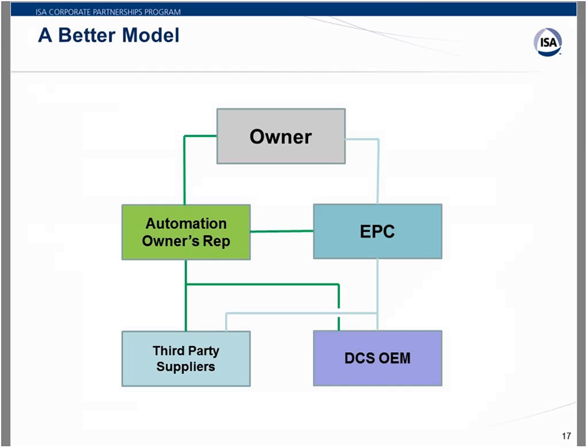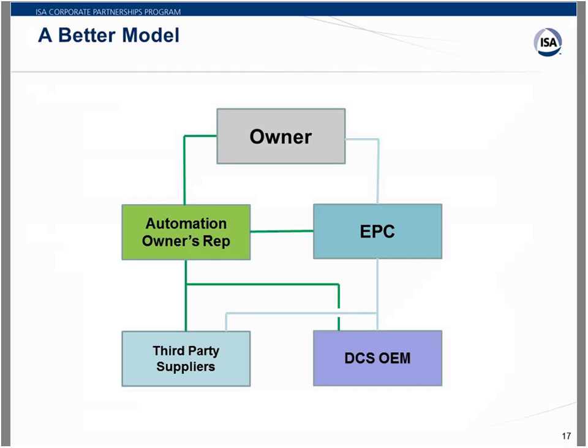And the idea is that this entity is an expert. Their core business or their core purpose or their core knowledge is automation. So they're an expert in automation. And the way they function in this model is to represent the best interests of the owners.